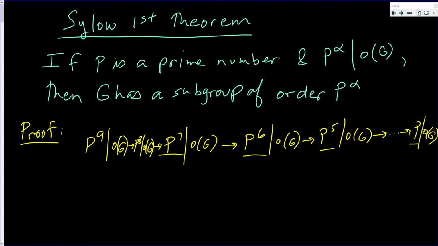If, say, p to the 10 does not divide the order of G, we call that our Sylow p-subgroup, of order p to the 9, the highest order.